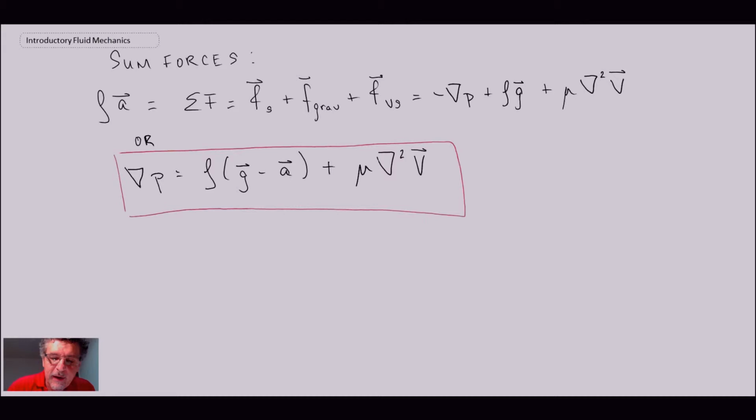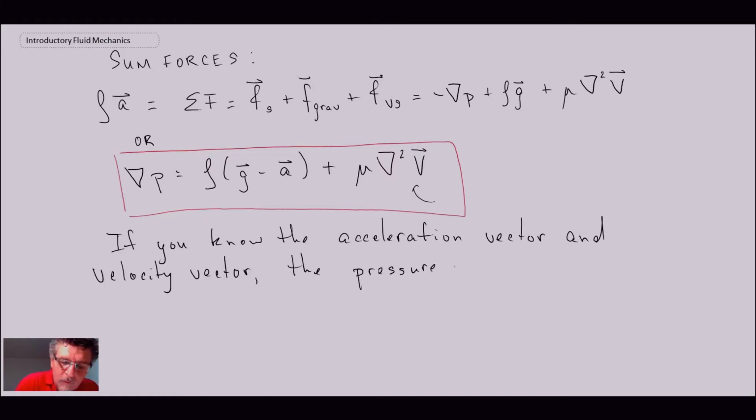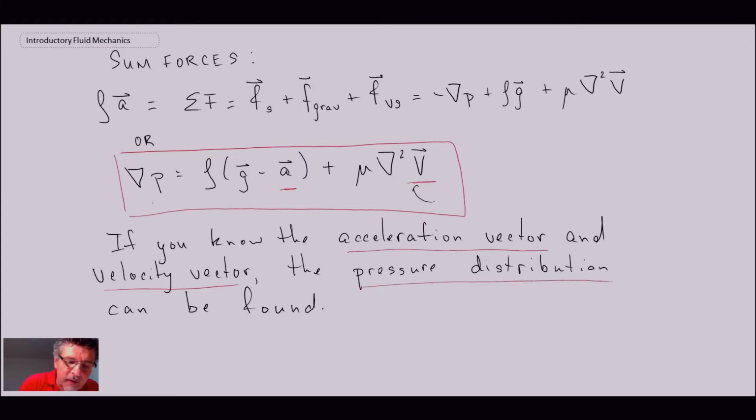Actually, it would not be fluid static because we have the velocity term here, so you could have a velocity field, but we'll make some simplifications in order to get rid of that, which I'll talk about shortly. But in this equation, if you know your acceleration vector and if you know the velocity vector, you can determine the pressure distribution in the fluid. That's essentially what it tells us.